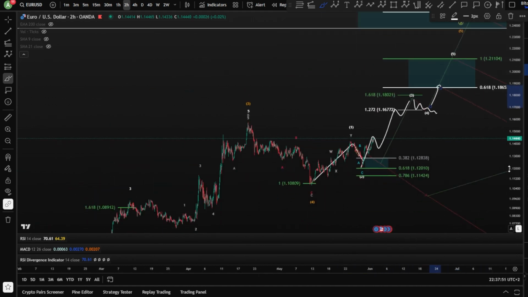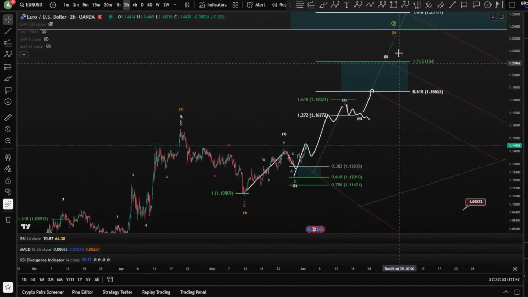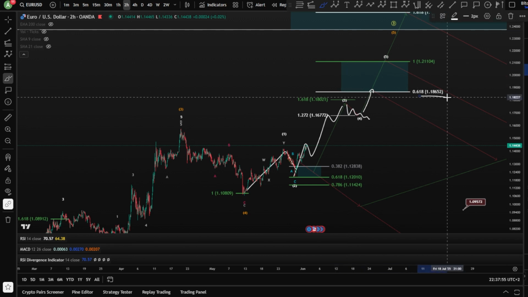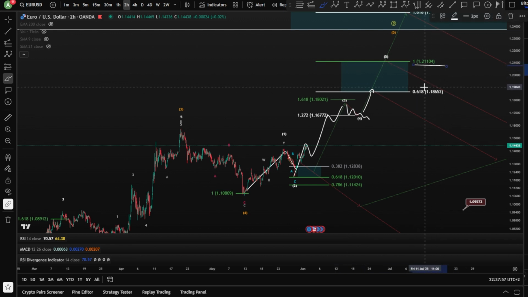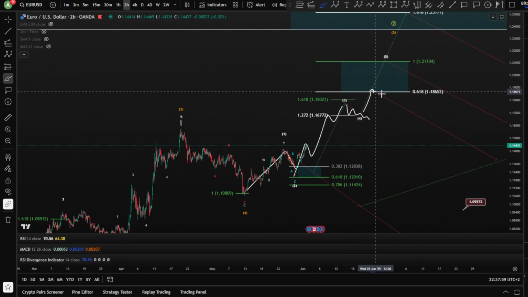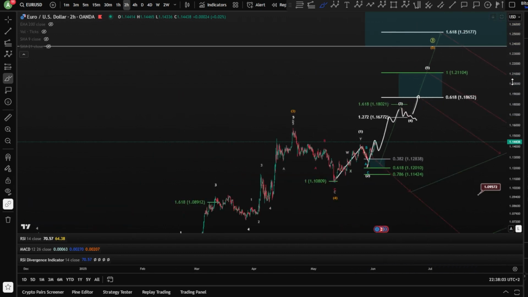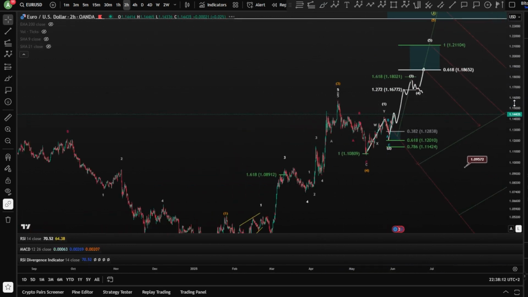You might face several targets here. It might be the 1.18 or even the 1.21, and start to move toward the downside after it. There are also extended waves that can be hit for this wave 5, which can be around the 1.25. So we're going to see how this unfolds.